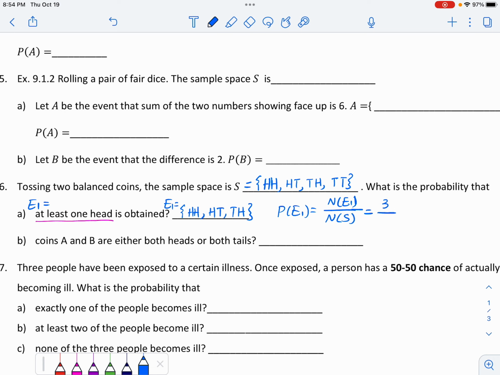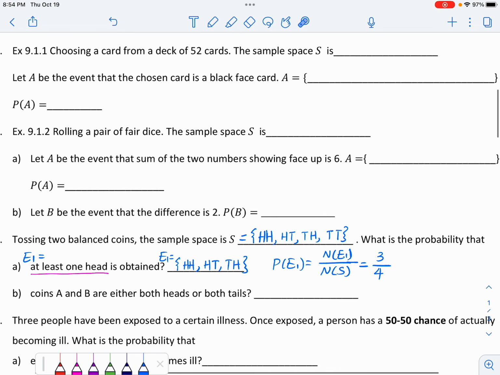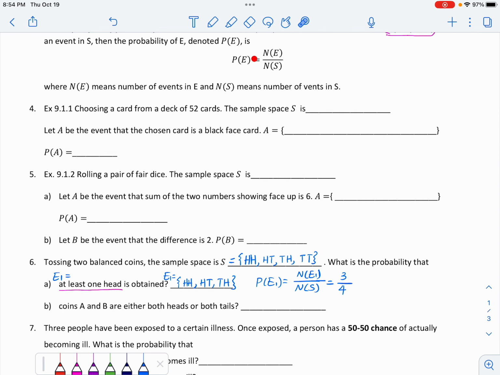So in this case it will be 3 out of 4, because there were 3 here, 4 here.